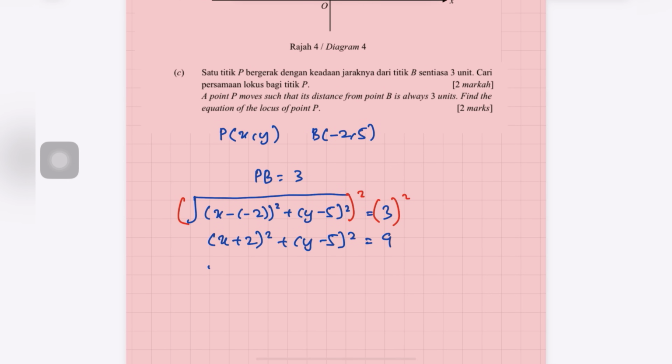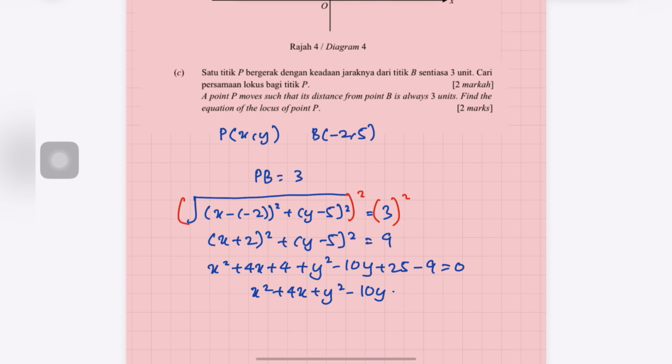So this becomes x squared plus 4x plus 4 plus y squared minus 10y plus 25 minus 9 equals 0. So this becomes x squared plus 4x plus y squared minus 10y plus 4 plus 25 minus 9, so 20, equals 0.